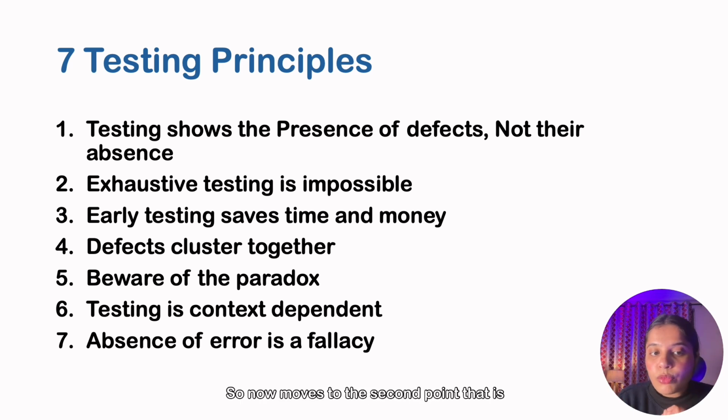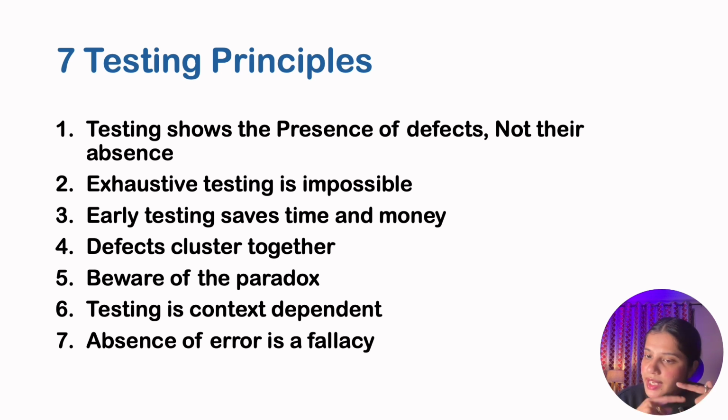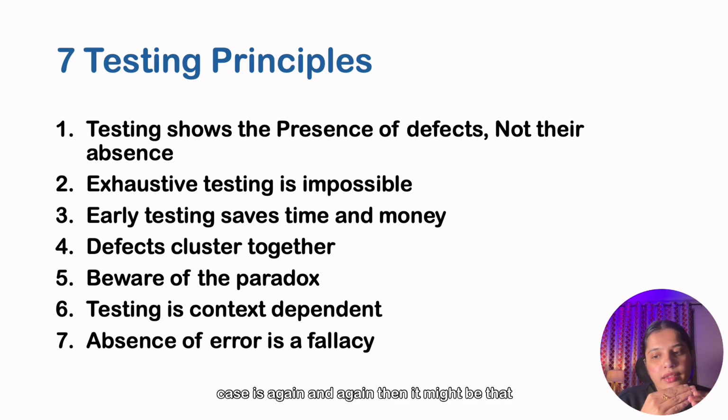So now move to the next point, that is beware of the pesticide paradox. Basically this says that if you are running the same cases again and again, then you might not find new issues in your system.